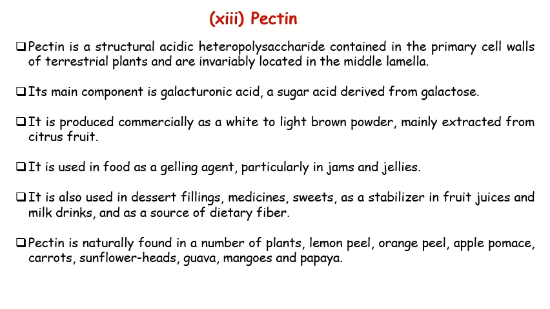Pectin is naturally found in a number of plants like lemon peel, orange peel, apple pomace, which means the hard material left over from apples, carrots, sunflower heads, guava, mangoes and papaya. So these are all sources of pectin.